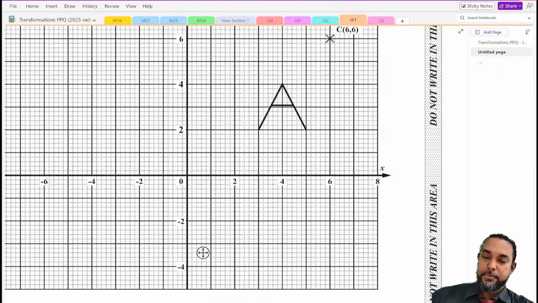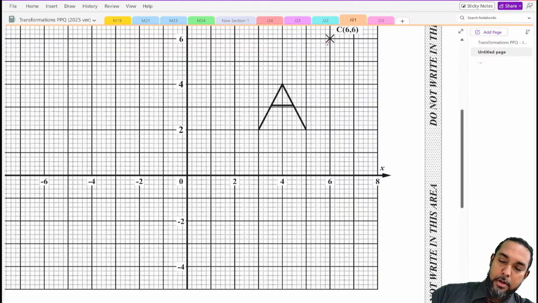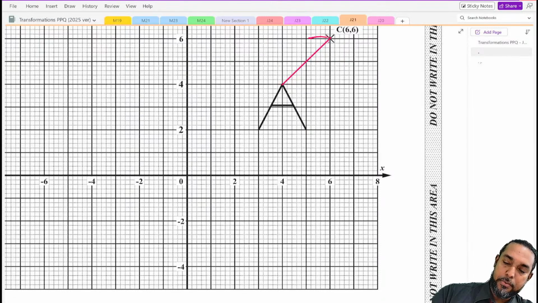Now, check this. From the center of enlargement to the top here, if we analyze the horizontal and the vertical, we have 1, 2 horizontal to the left and then 2 down, right? The corresponding point to this here in the enlarged shape will be double the distance as that point.